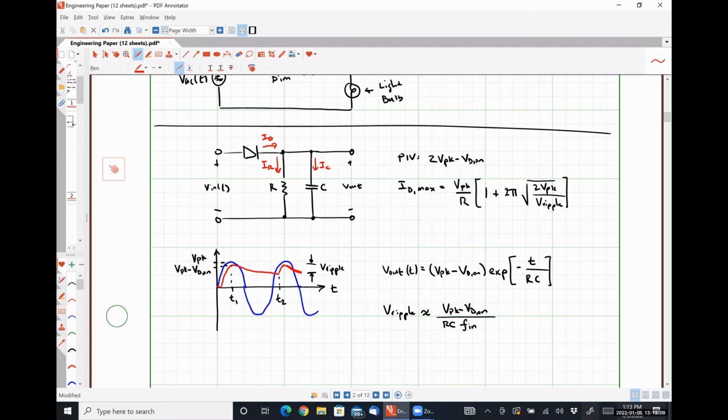Effectively, any amount of charge that the capacitor loses, the diode has to quickly inject in this little bit right here. That's why we should expect to see a reasonably large forward bias diode current. To me, reasonably large seems like tens to maybe hundreds of milliamps, not tens to hundreds of amps.